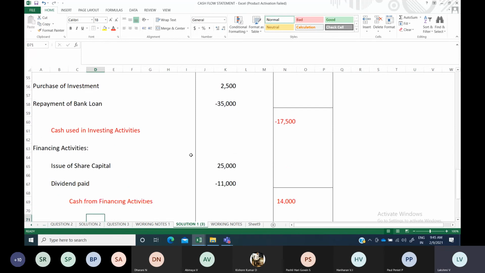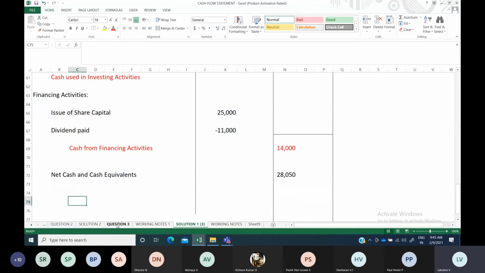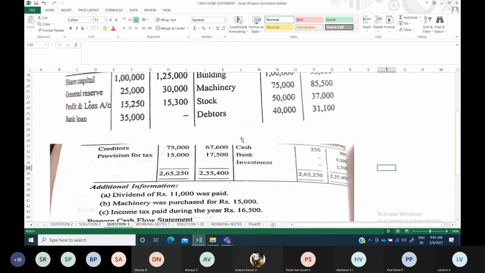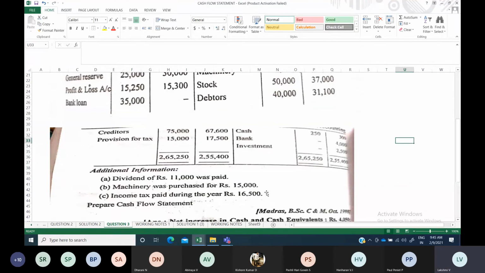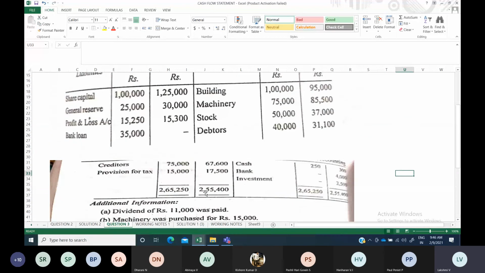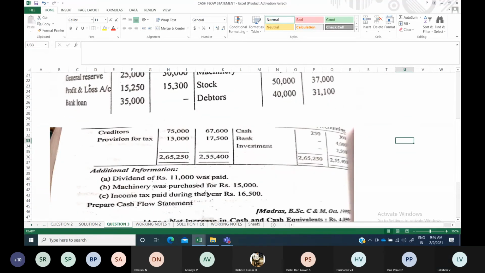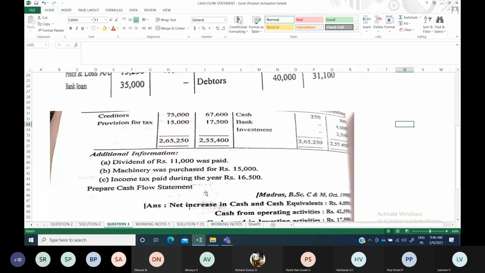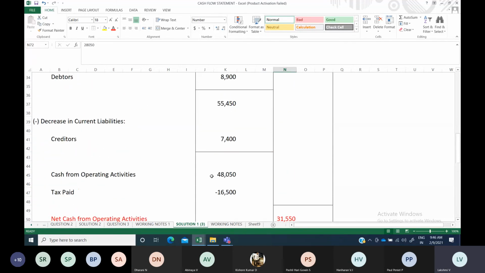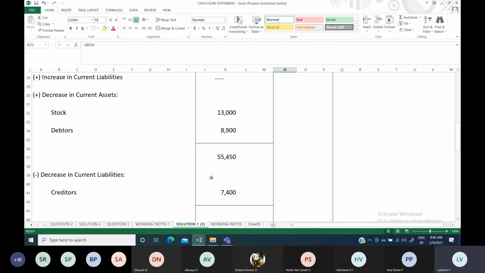Okay, so with this we have to add the opening balance and find out. Opening balance is 250, but I think the answer went wrong somewhere. So 28,050, is it right? Or just find out whether we have skipped some amount anywhere.